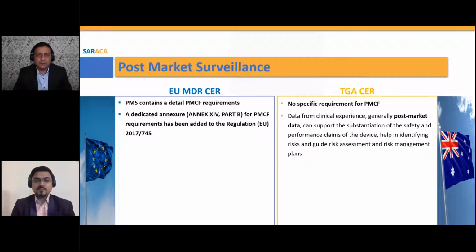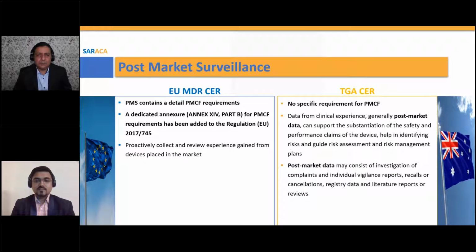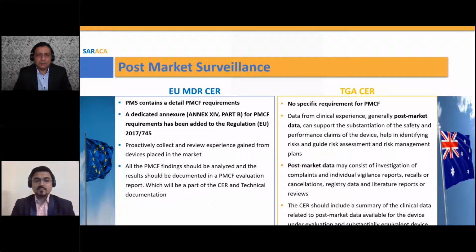The PMS in the EU contains detailed PMCF requirements, and the TGA requires data from clinical experience, generally post-market data, that can support the substantiation of the safety and performance claims of the device, help in identifying the risk and guide risk management plans and assessment.